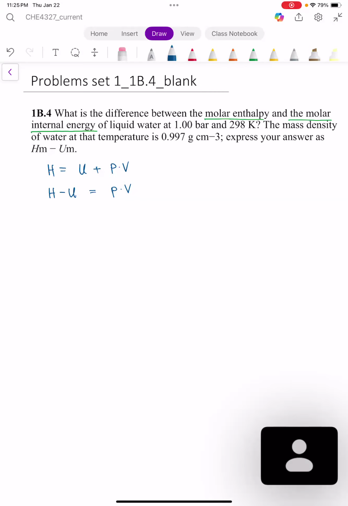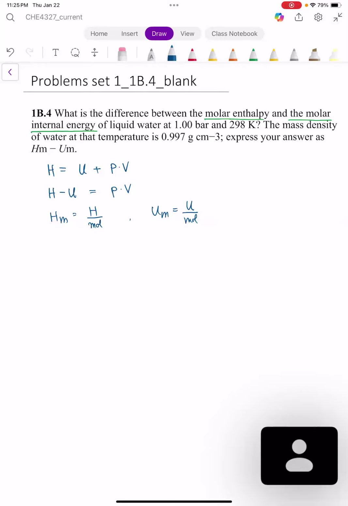In other words, HM is H divided by the mole of the substance, and UM, the molar internal energy, is U divided by the mole of the substance.